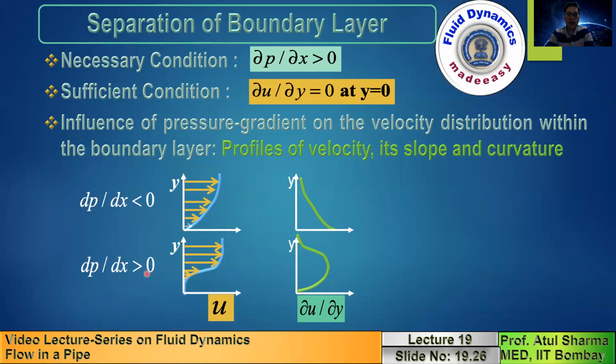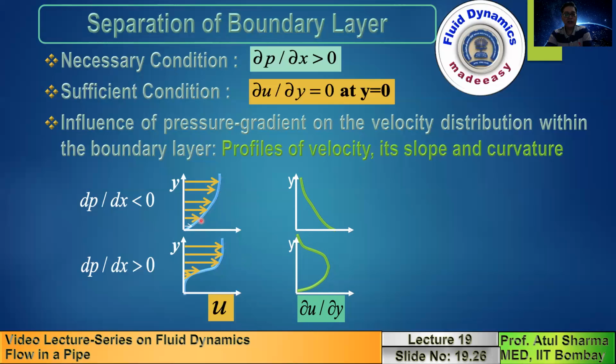Whereas when you have an adverse pressure gradient, initially you can see that the slope of this curve, del u by del y, is increasing up to a certain height, and then it is decreasing.